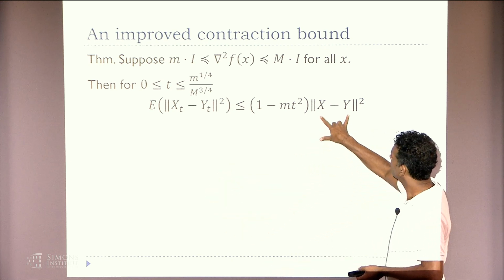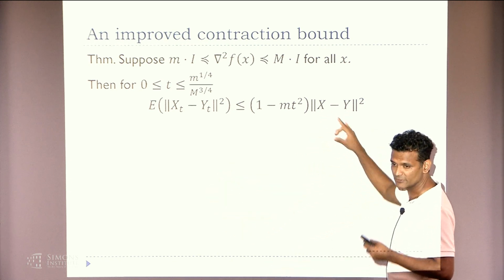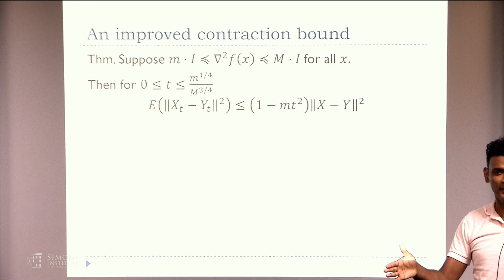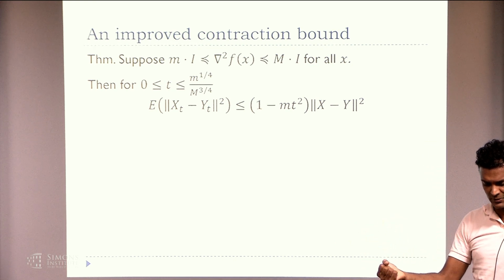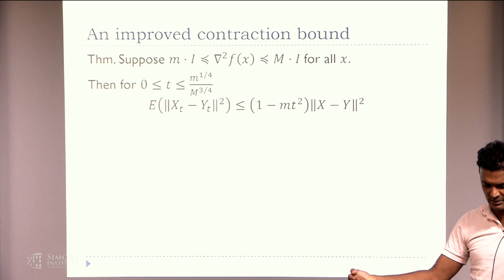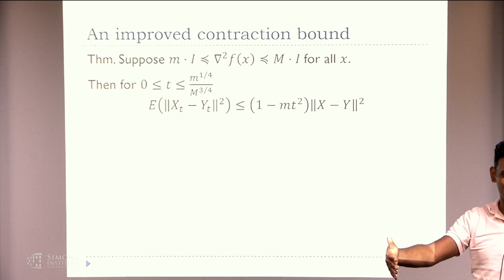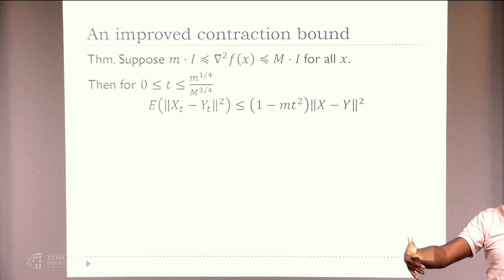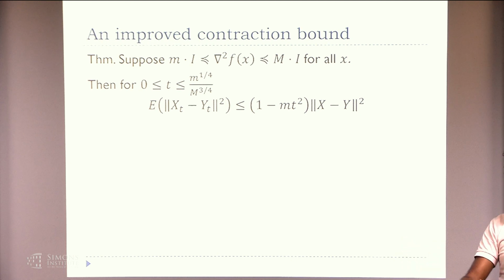If you start out at points x and y, and just run this process using the same directions at each time, you take two copies of the process, x and y. You're starting at two different locations, that's all it means. But every time you pick the same Gaussian vector for both of them, can you guess what will eventually happen? They'll meet.